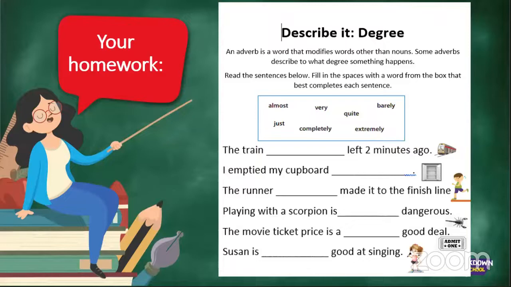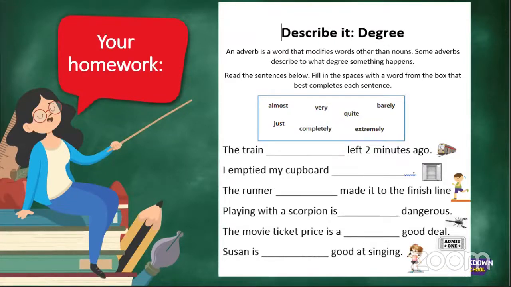The first one, the train left 2 minutes ago. Don't give me the answers now, I want you to do it for homework, okay? The next one, I emptied my cupboard. You'll see that there's nothing in that cupboard. The next one, the runner made it to the finish line, and that runner looks really tired to me.